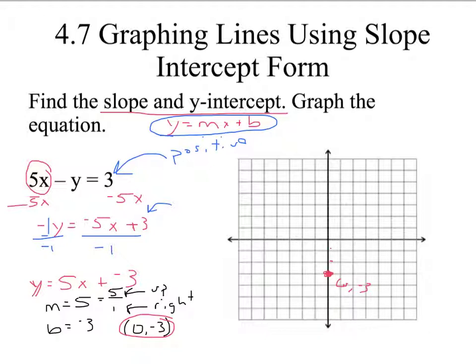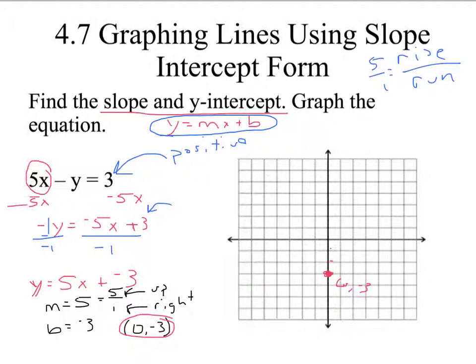Now I have 1 point, and basically all I'm going to do is graph my slope. Remember, my slope is 5. As a fraction, that's 5 over 1. We always have rise over run, meaning if I have 5 over 1, I rise 5 and I run 1.